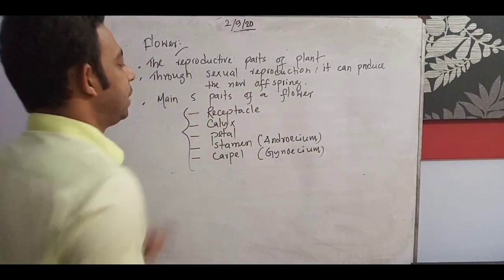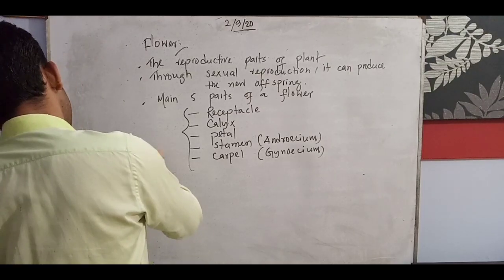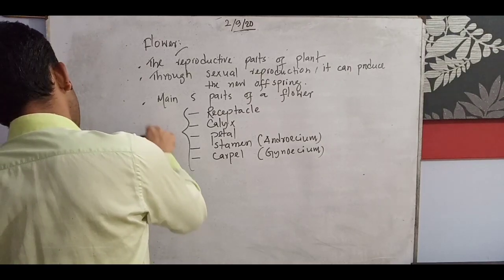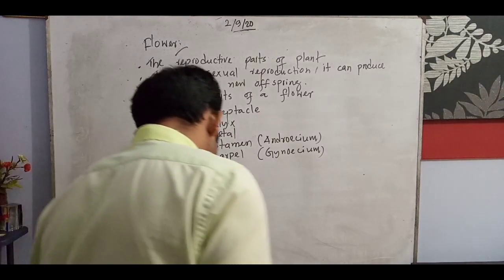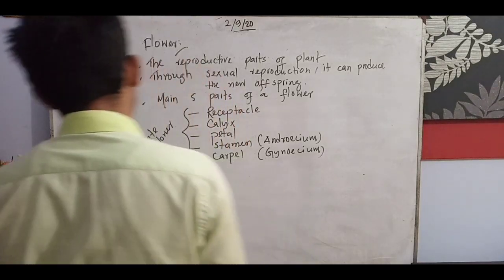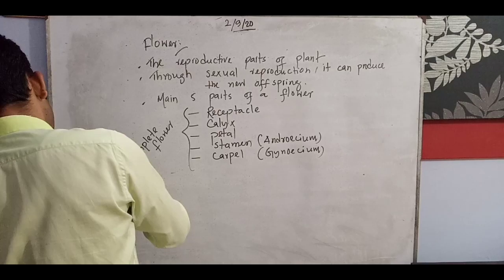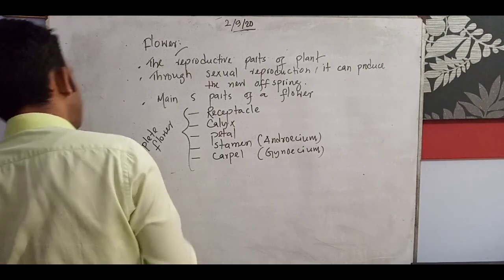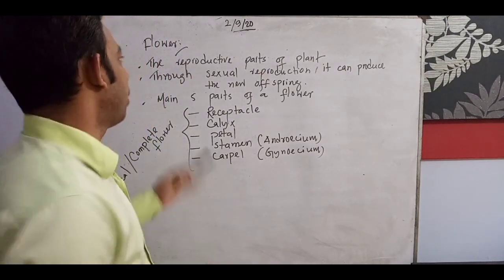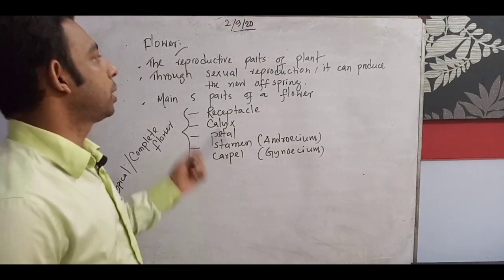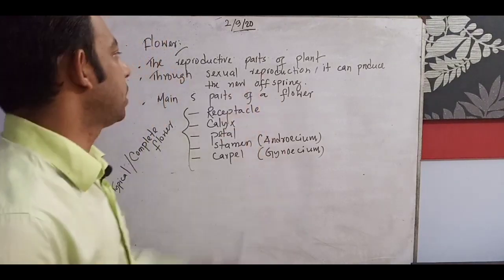Flowers that have these main five parts are called the complete flower. These are known as the complete flower or typical flower. So what we try to understand from this topic: the reproductive part of the plant through which the male and female parts can produce new offspring.